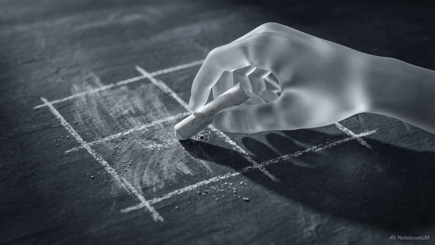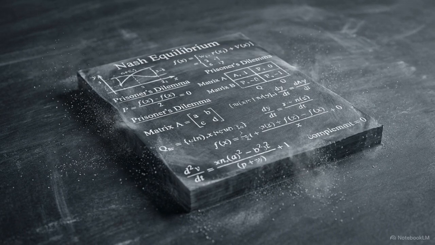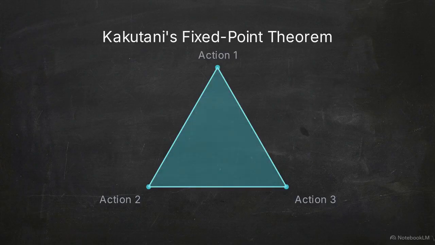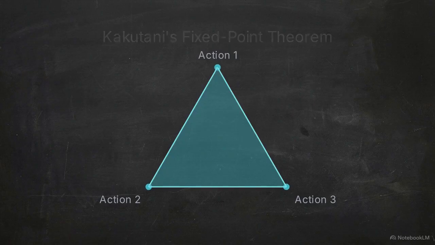The formal resolution to the matching pennies problem is a concept called the mixed extension. Instead of choosing a single definitive action, players adopt a continuous probability distribution over all their available actions. This is a geometric visualization of Kakutani's fixed-point theorem.